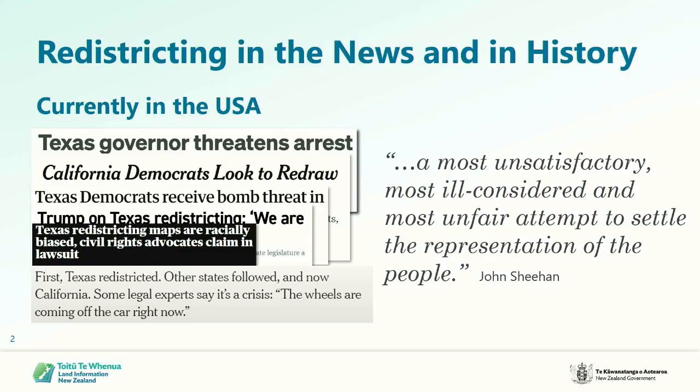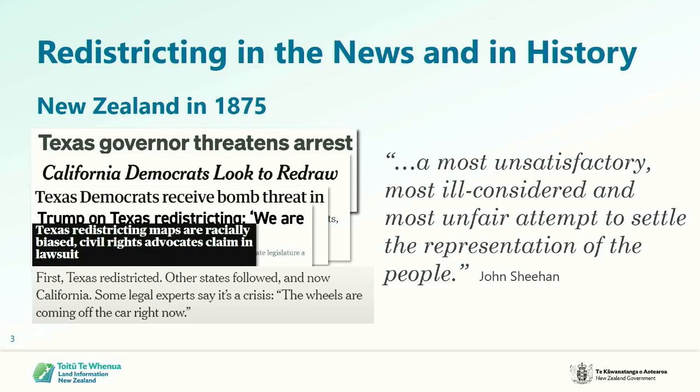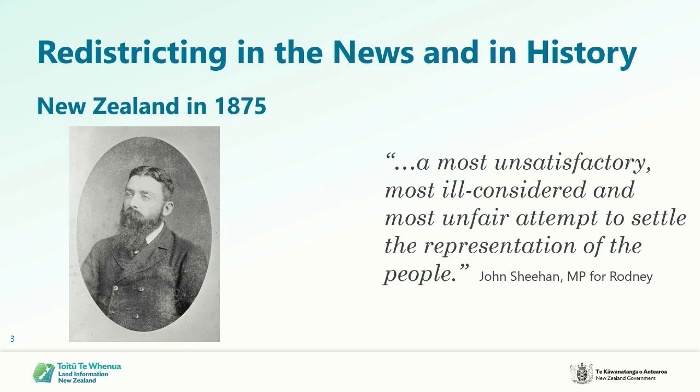And you may think that applies to the current situation in the US, and I probably wouldn't disagree with you, but in fact, John Sheehan was a New Zealand Member of Parliament in the 1870s, and they had a similar problem back there when current MPs were involved in deciding electoral boundaries, with not a very good result because of it.